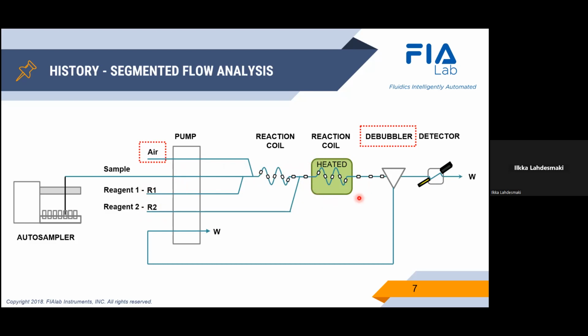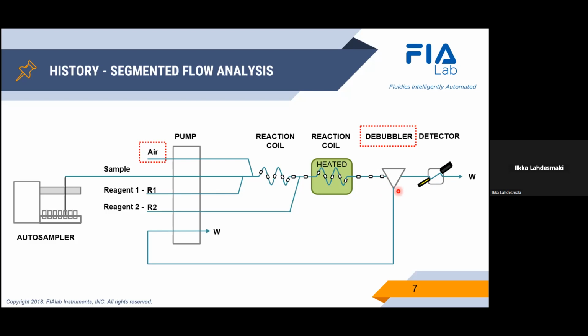Over here, we have a schematic of a flow-through heater coil where, as I mentioned earlier, you can use heat to speed up slow reactions. Then one important aspect regarding the bubble segmentation is that in a traditional flow analyzer, you can't allow the bubbles to enter the detector flow cell.